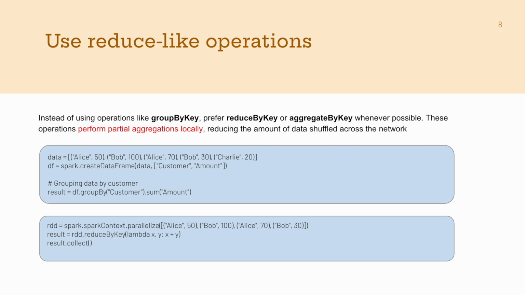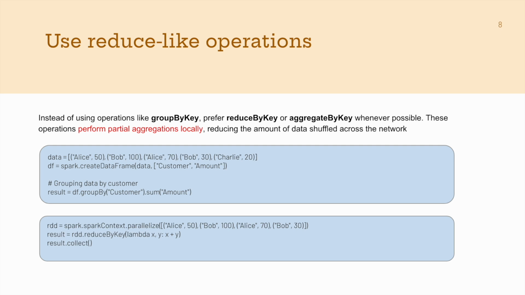Group by key brings all the keys to the same partitions as we just saw in the simulation, but reduce by key or aggregate by key does the partial aggregation in the partition itself, and then transfers the data across the network. So the amount of data shuffled in reduce by key would be way lesser than group by key. There would still be a stage called exchange, which signifies that a shuffle operation is happening, but the amount of data would be way lesser than in group by key.